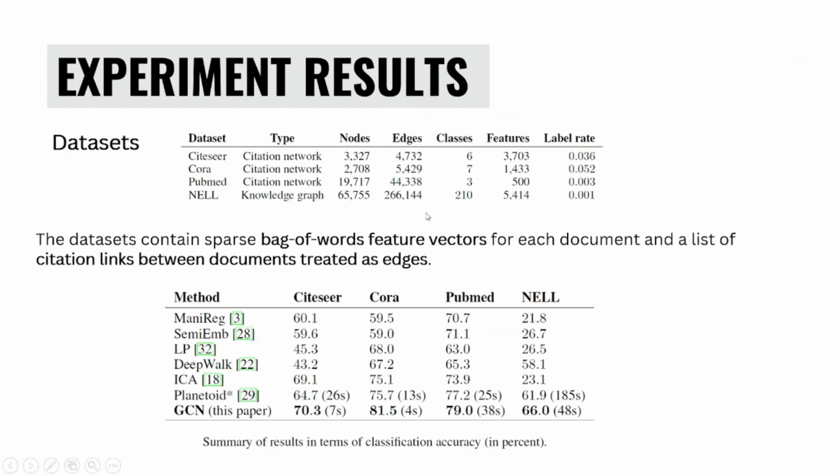When this architecture is implemented using citation network datasets, each document contains a sparse bag of words used as feature vectors, and the connections between the documents are a list of citation links that are treated as edges. Compared to other architectures, it can be observed that GCN has outperformed in terms of classification accuracy in percentage.